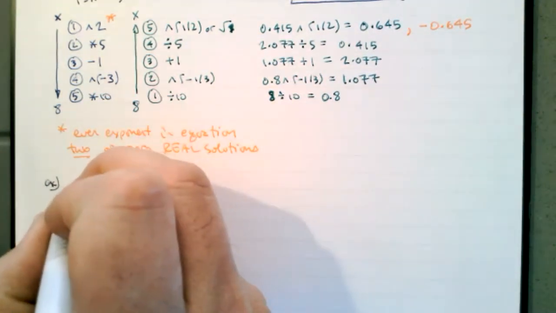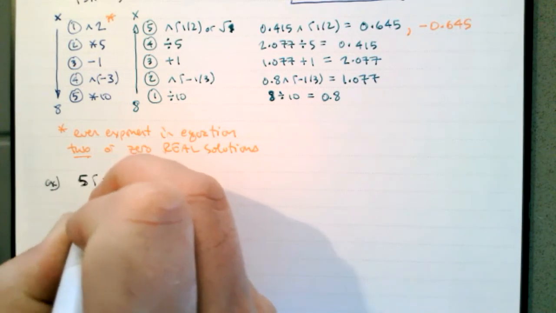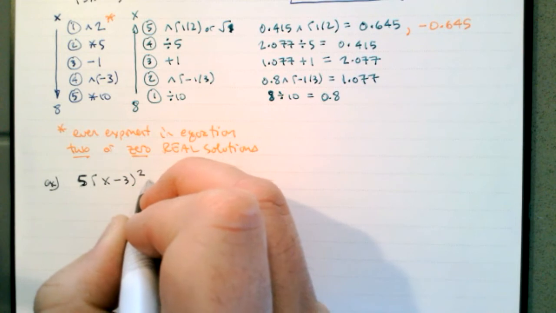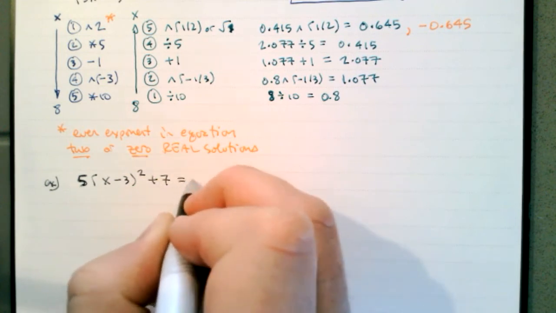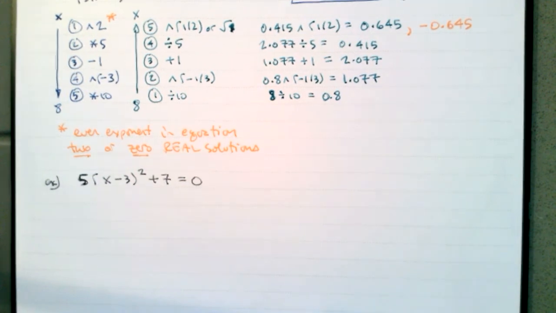Let's go with 5 times x minus 3 squared plus 7 is equal to 0. I wanted one with no solutions.